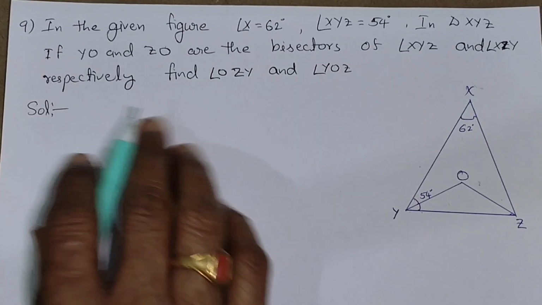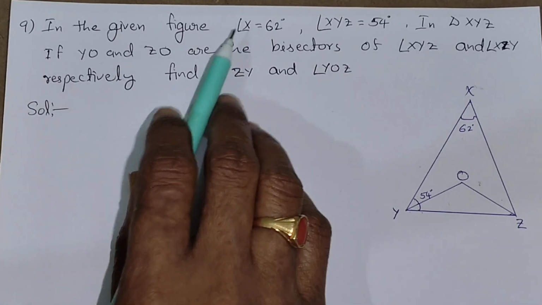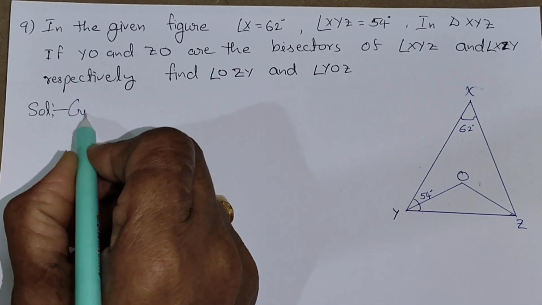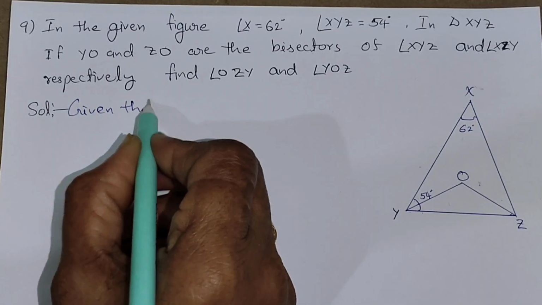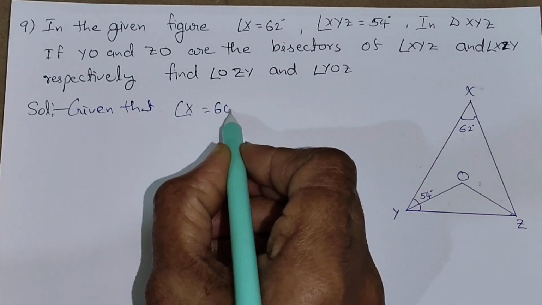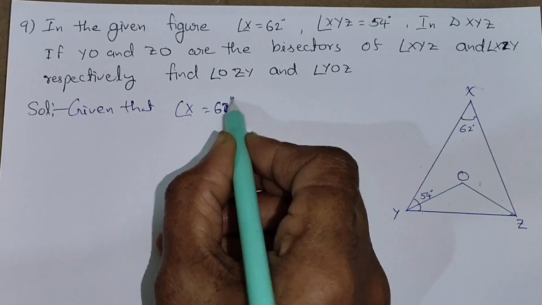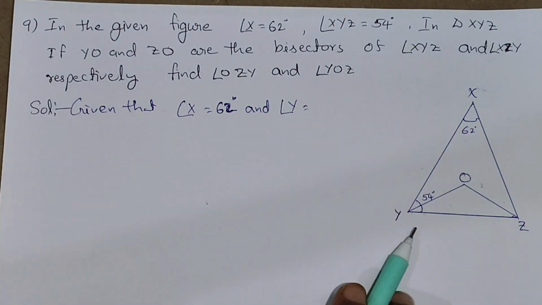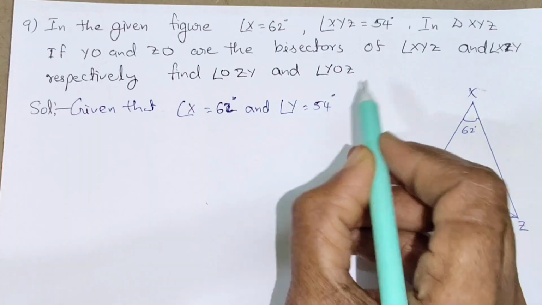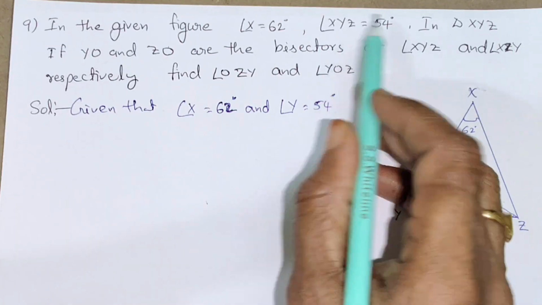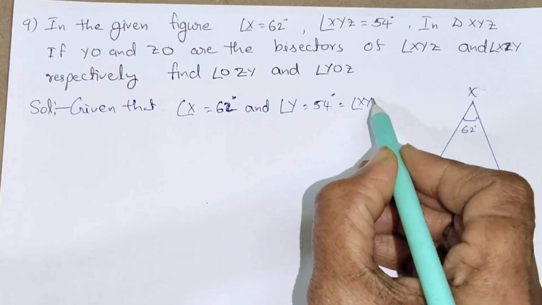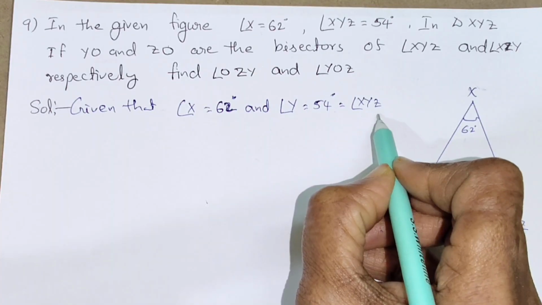So first we write the given data. Angle X is equal to 62 degrees, and angle XZY is equal to 54 degrees.